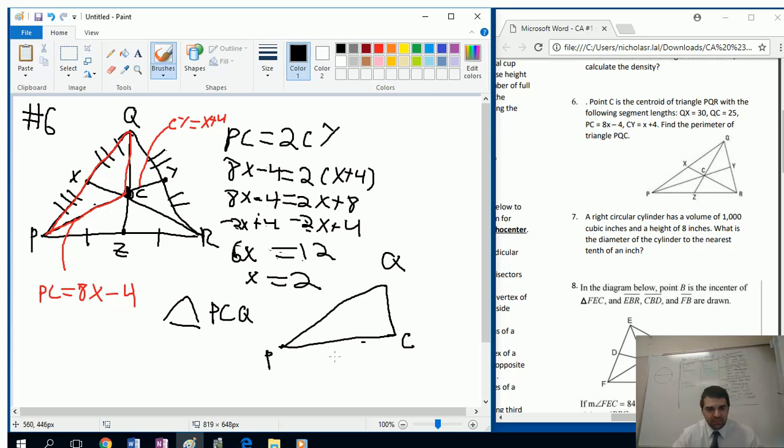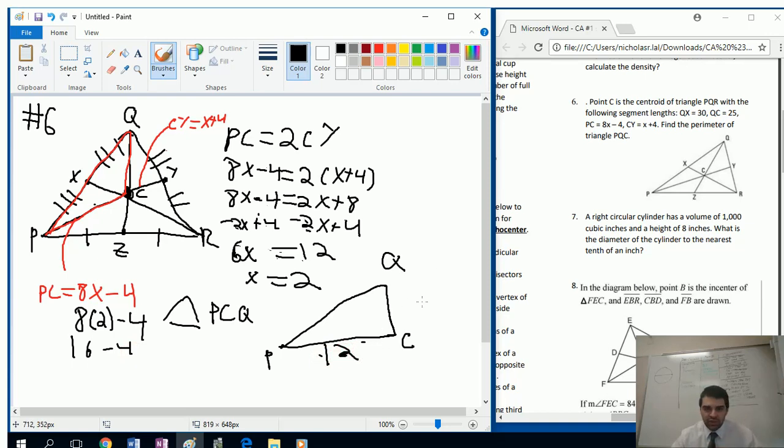PC is 8x minus 4. So when we plug in x is equal to 2, it's going to be 8 times 2 minus 4. So that's going to be 16 minus 4, so PC is going to be equal to 12.